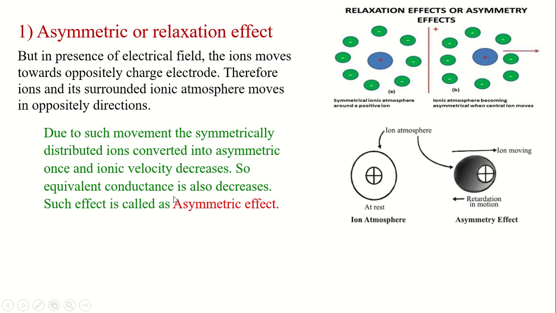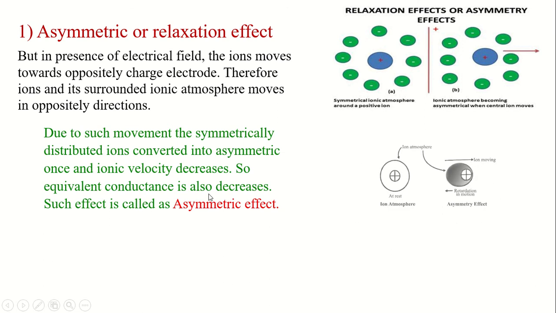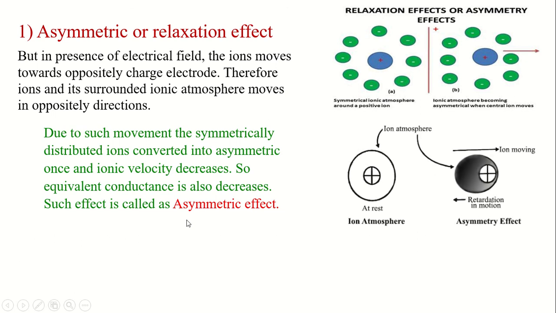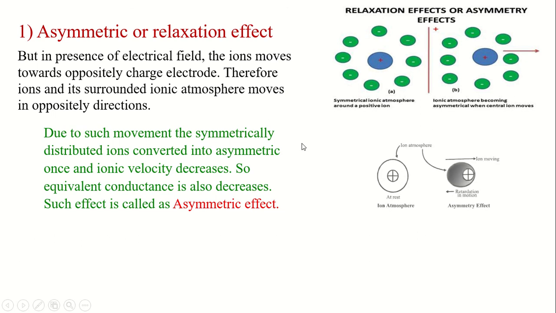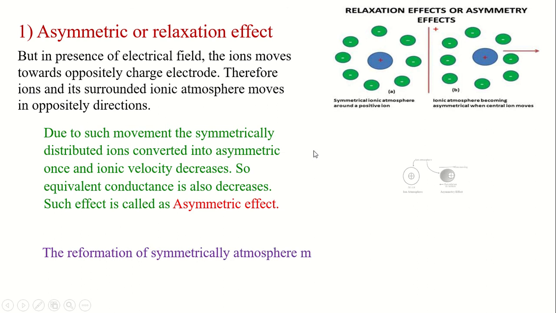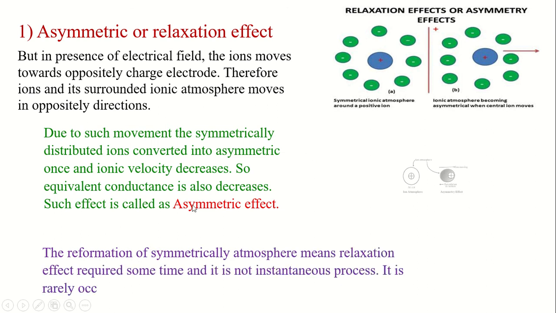So equivalent conductance also decreases with concentration, and such an effect is called the asymmetric effect. Now, friends, the reformation of the symmetrical atmosphere, the relaxation effect, requires some time, so it is not an instantaneous process in the presence of an electrical field.